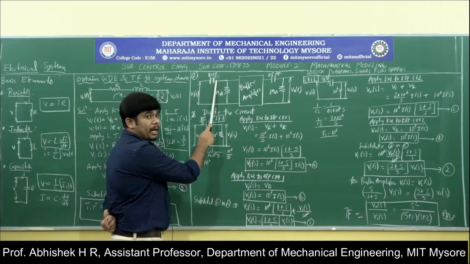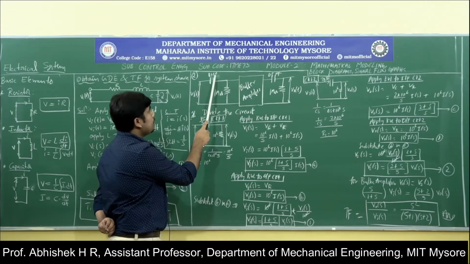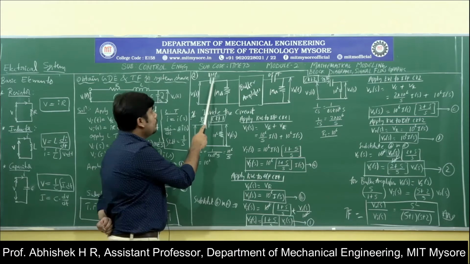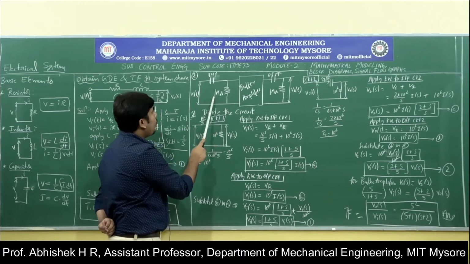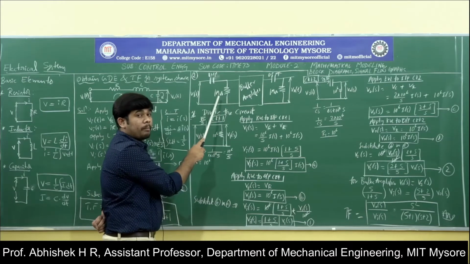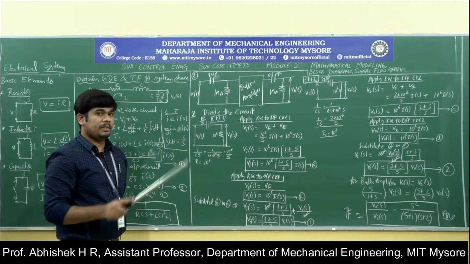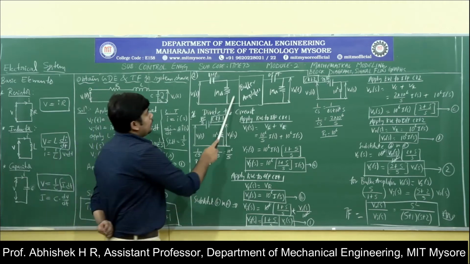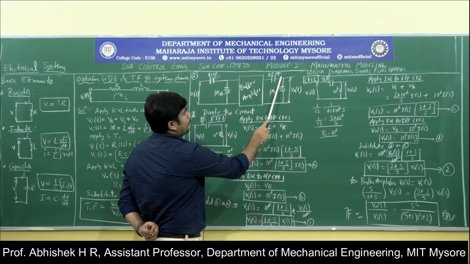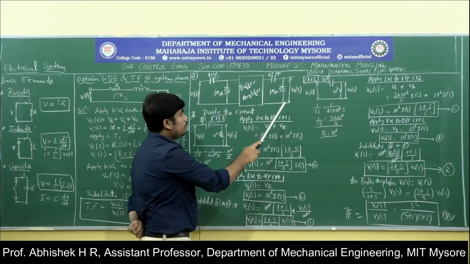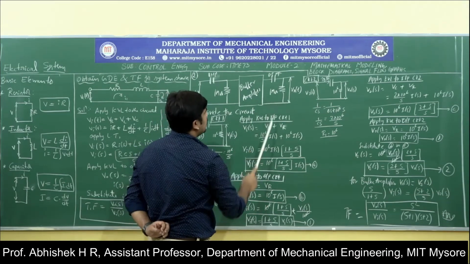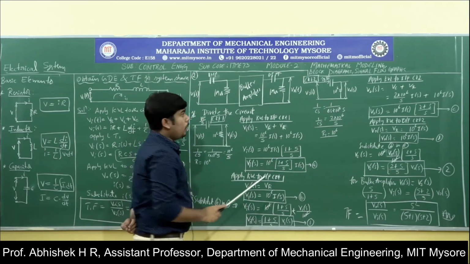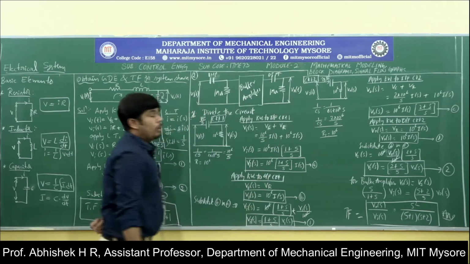In the capacitance they have already given some value, 1 microfarad, and we have a resistance 1 micro ohm. Then here I have 0.5 microfarad, again one more capacitance, then one more resistance 1 micro ohm and the output voltage.